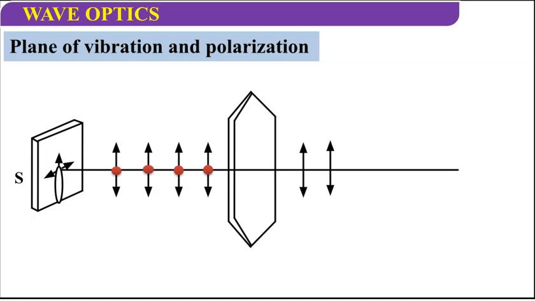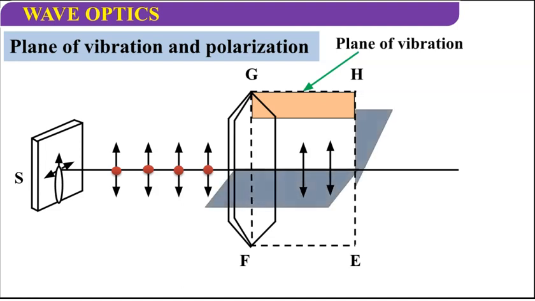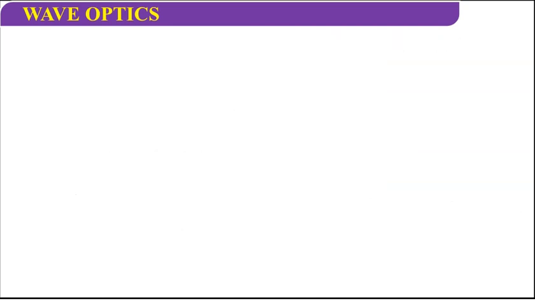So here we have taken unpolarized light which passes through a polarizer. After that, it becomes plane polarized. This is the plane where the light will be vibrating, so this is the plane of vibration, and this is the plane of polarization.